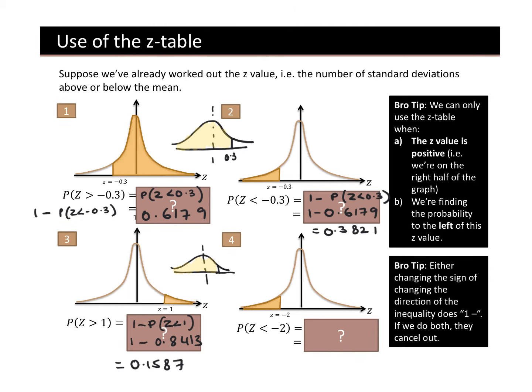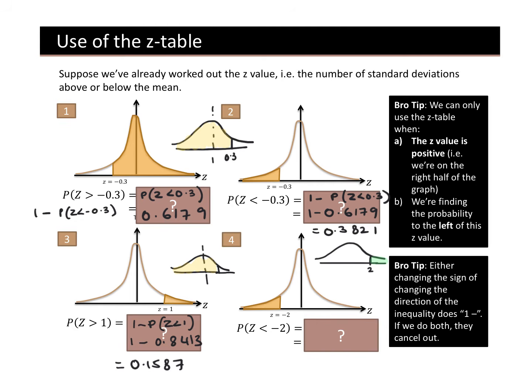Now, again, we have a negative here. It is a less than, so we know we can find it, but it's a negative. So we're going to flip it to do the symmetry. So we're actually going to find it where it's 2, aren't we? But remember, we want this part.